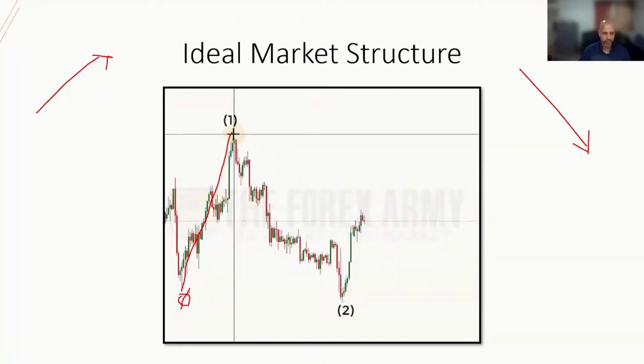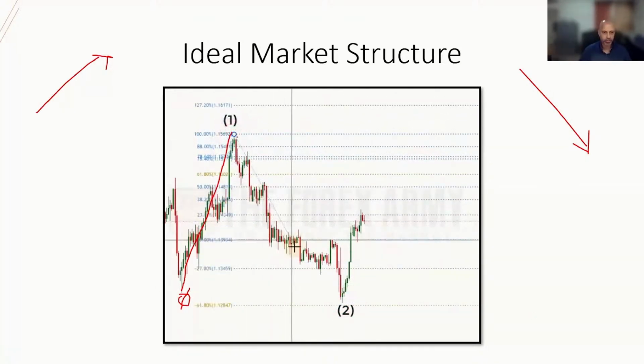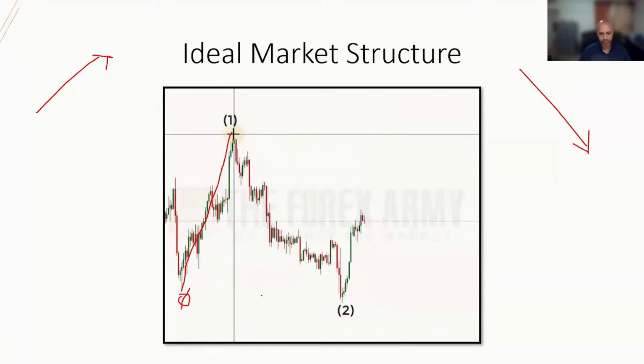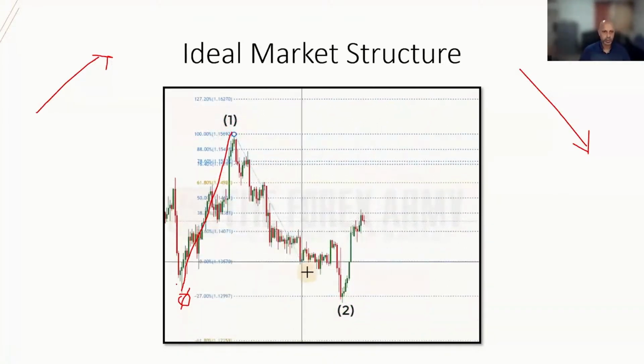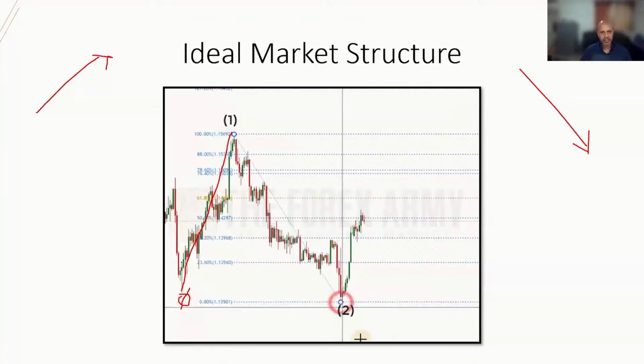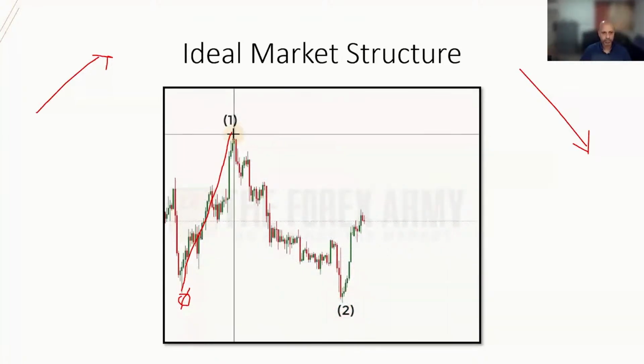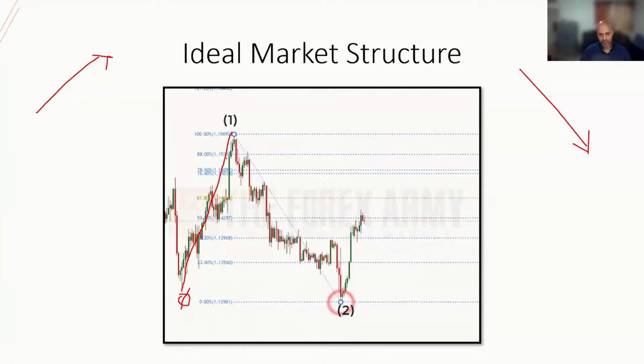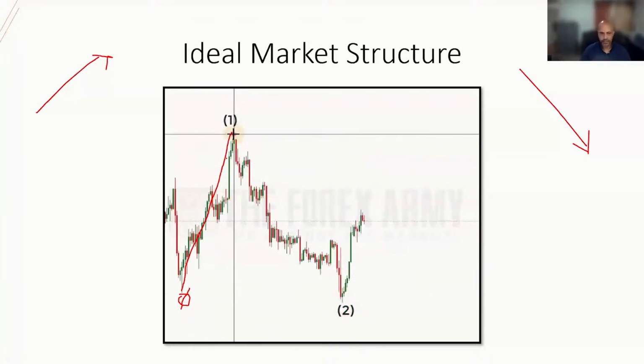You can see 0.0 is a significant swing low, 0.1 is a significant swing high, and 0.2 is another significant swing low. And similarly, when we choose the most ideal starting and end points, the blue trend line is very likely going to capture the market structure very closely. So do take note of that.